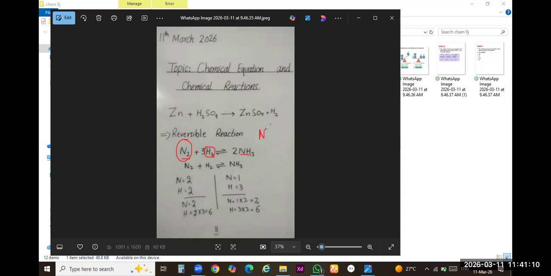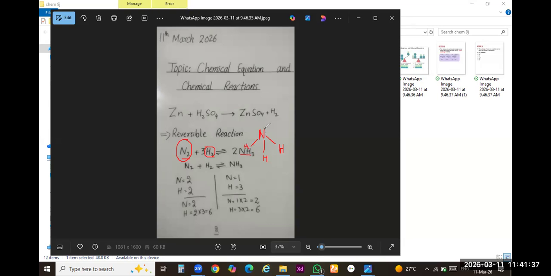Now tell me, what will be the valency of nitrogen? Basically, nitrogen makes 3 bonds with hydrogen. There are 3 hydrogen elements which are bonded with the nitrogen element. Can you tell me the valency of nitrogen? Nitrogen is -3. Very good, -3, and hydrogen is +1.